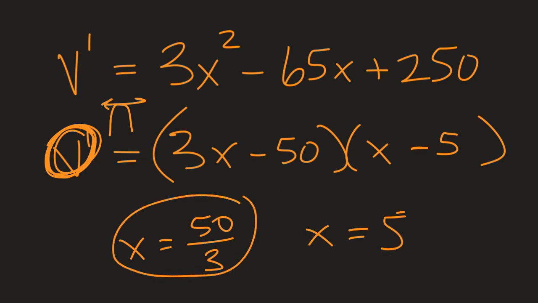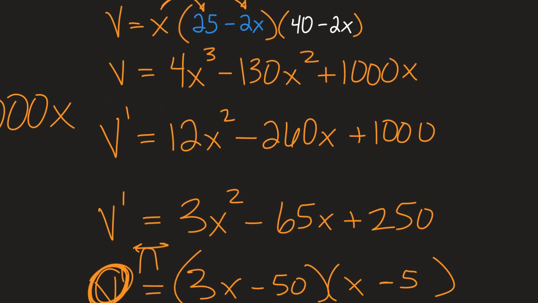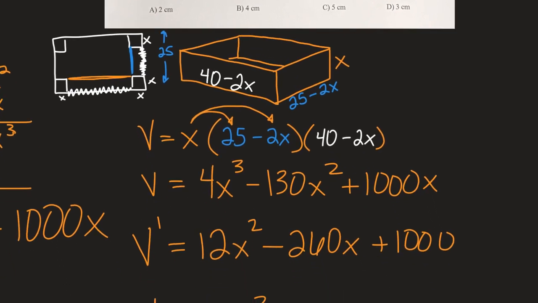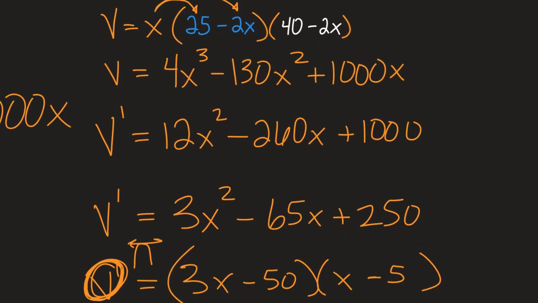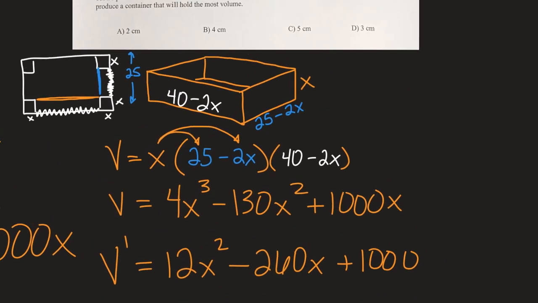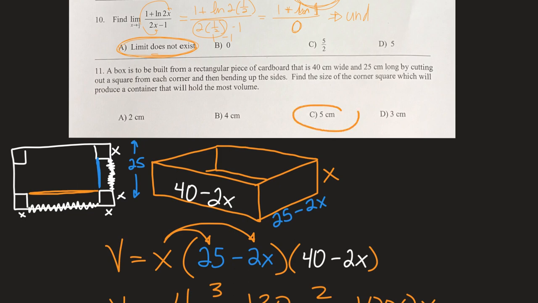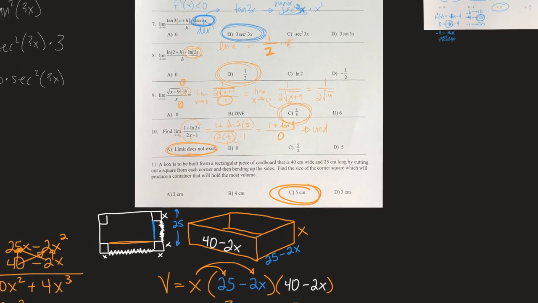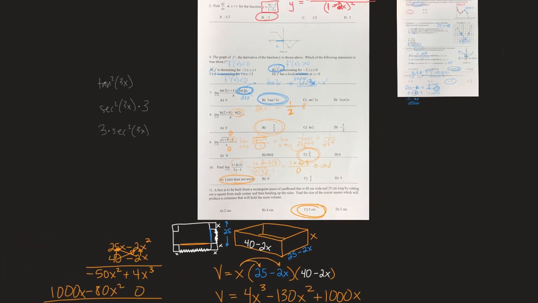Now 50 over 3 is a number that's longer than any one of the sides of our box to begin with, so this one is not a feasible answer. So x equals 5 is going to be the length that we cut off from each of the corners in order to fold up and make a box with the largest volume.